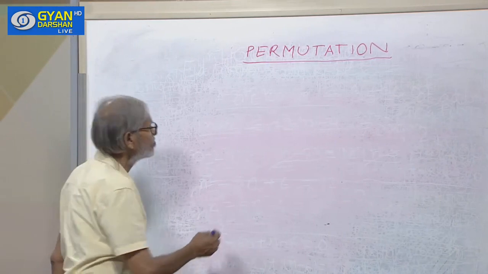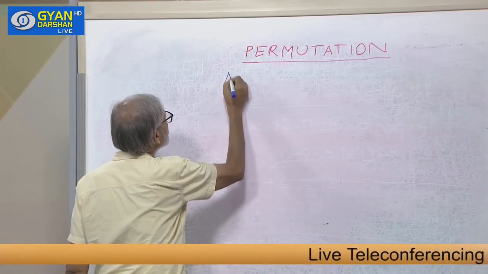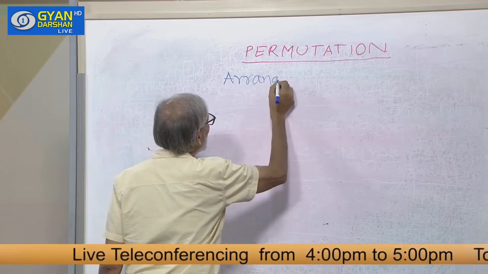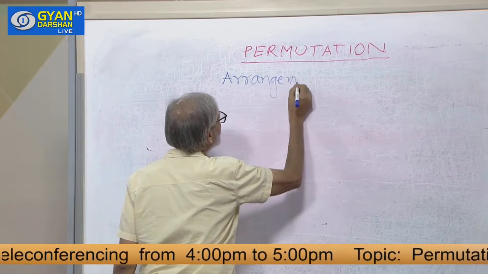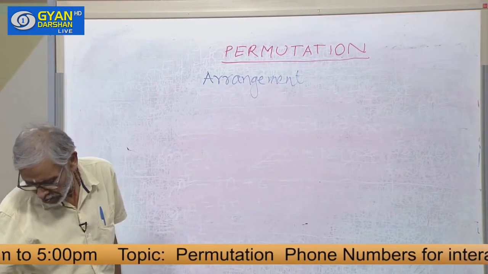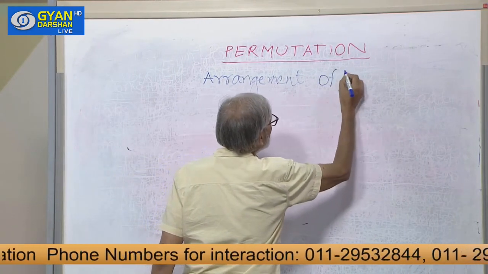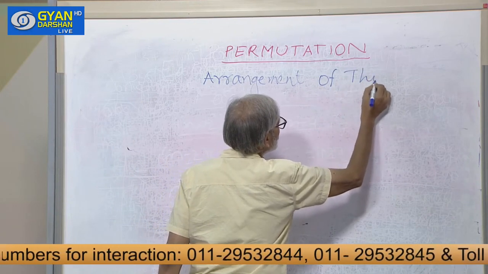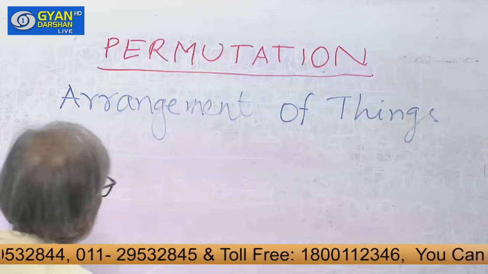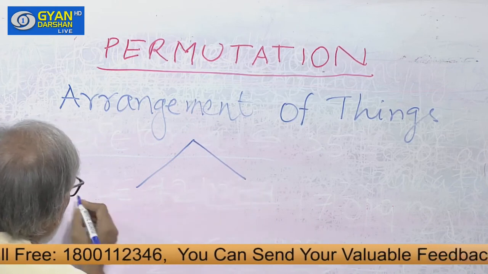So, arrangement of things, basically two types.